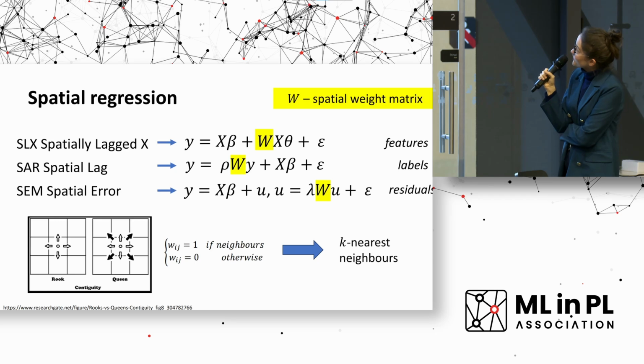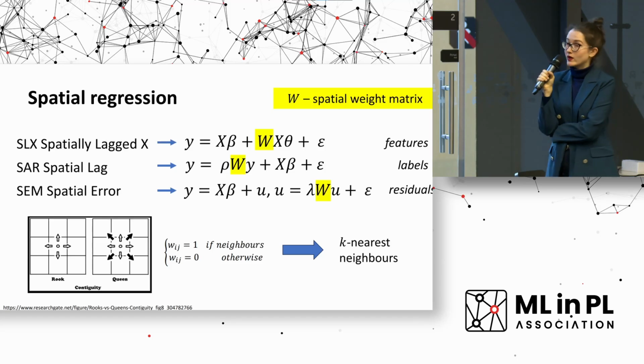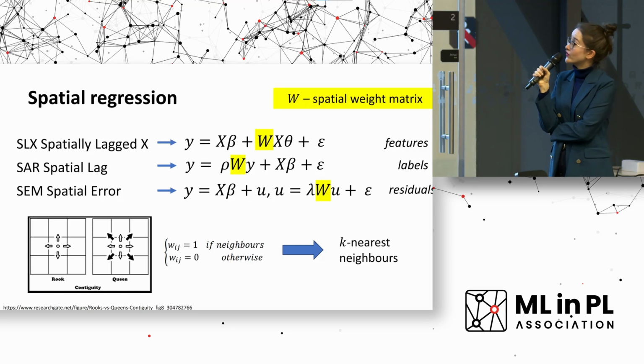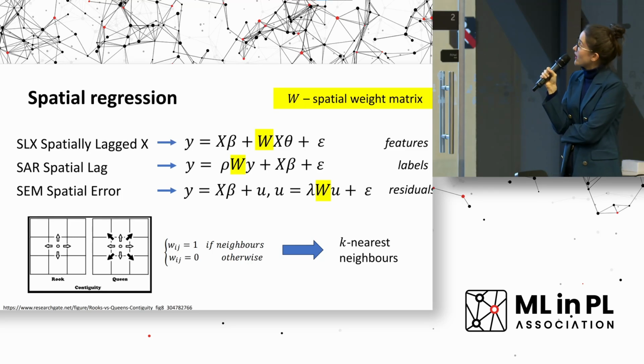In the first equation, we can see that we have the W matrix. And this matrix is called the spatial weight matrix. What is important is that this matrix appears within different parts of the equation in each of the 3 methods. So in the first method, we apply this matrix to features, in the second, to labels, and lastly, to residuals. And this is important, and I'm going to go back to the topic in a moment.